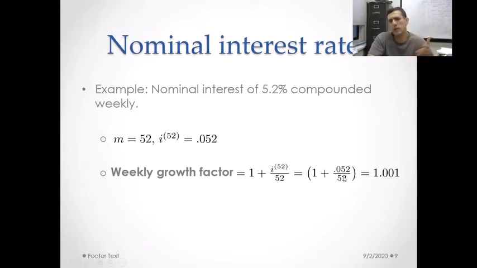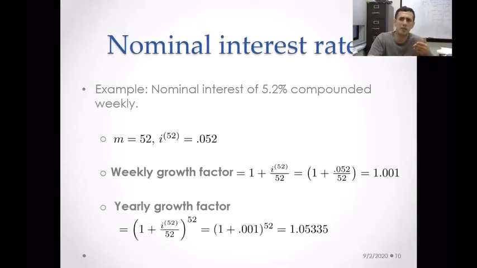And of course, a week is the same thing as a period of 1 over 52 years, or 1/52nd of a year, rather. Okay, and so we compound this 52 times to get the yearly growth factor, which is 1.05335.